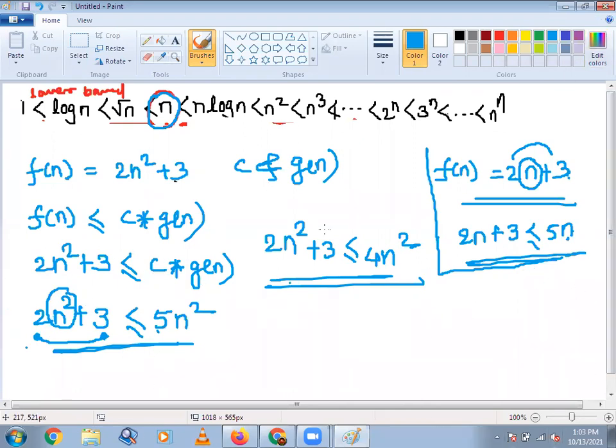Before going to the next example, see in this longer formula, n square acts as the average bound, from n square towards the right side it acts as the upper bound, and from n square towards the left side it acts as the lower bound.